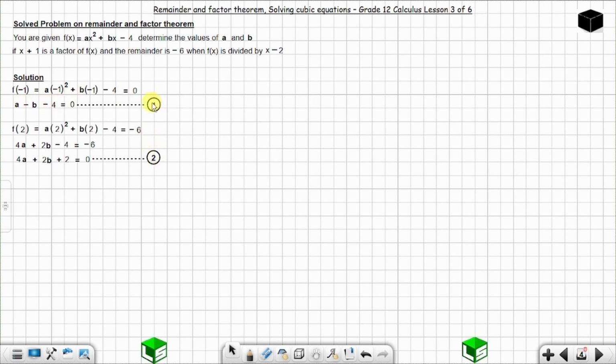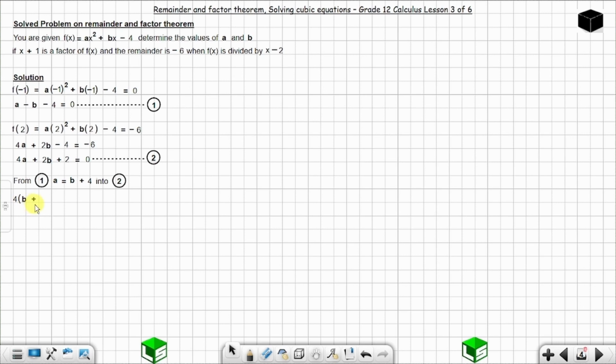I can choose 1. So from 1, a is equal to b, when you take b to the right side, plus 4. Okay, you're going to plug this into 2. So this is what we have for 2. You have 4a. Your a is b plus 4.